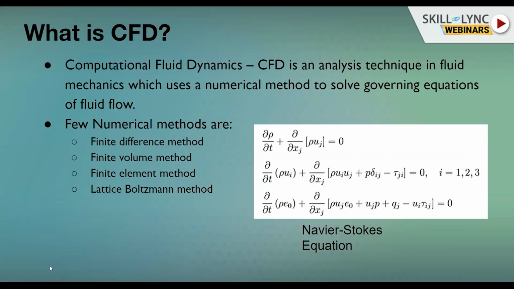Okay, I was talking about the Navier-Stokes equations, and there are different representations of the same equation. That's why, for the governing equations, we are using different numerical methods for all those different CFD equations.